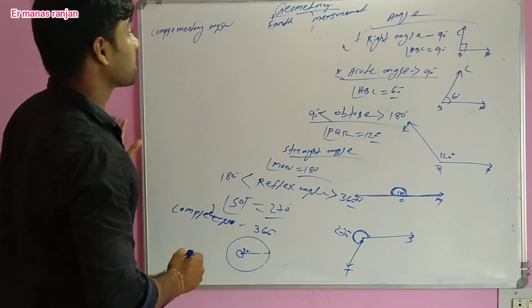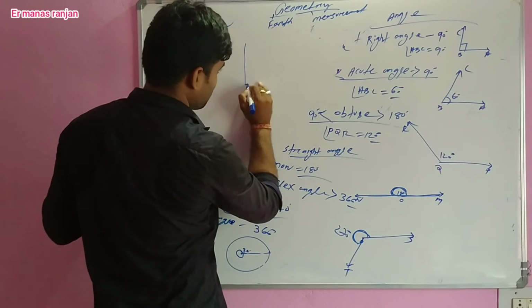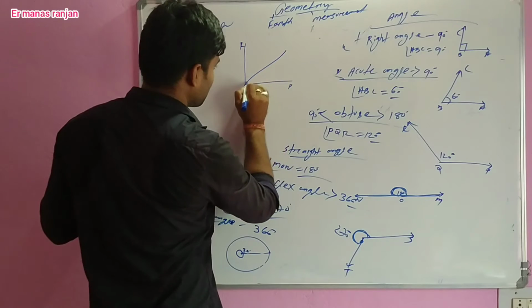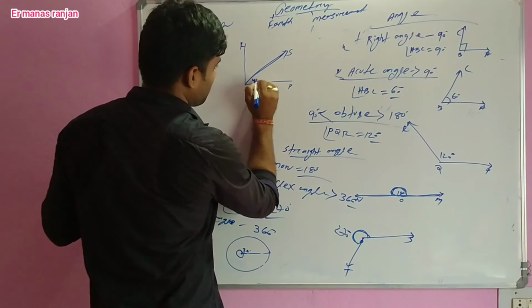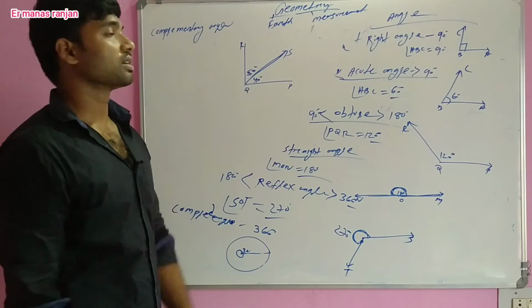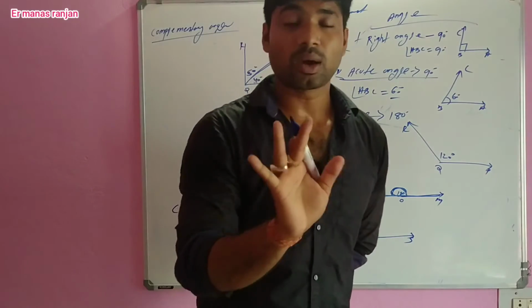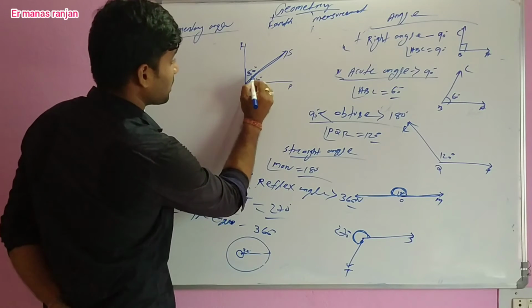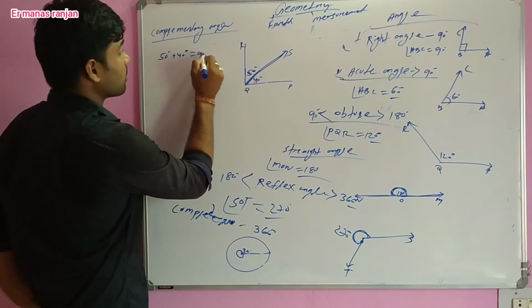Suppose angle PQR and another angle, this one 40 degrees, this one 50 degrees. The sum of the two angles is 90 degrees, so they are complementary angles because 50 plus 40 equals 90 degrees.